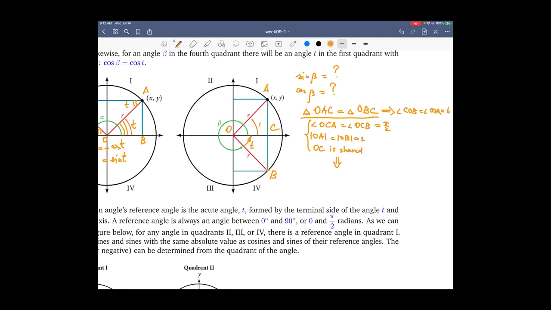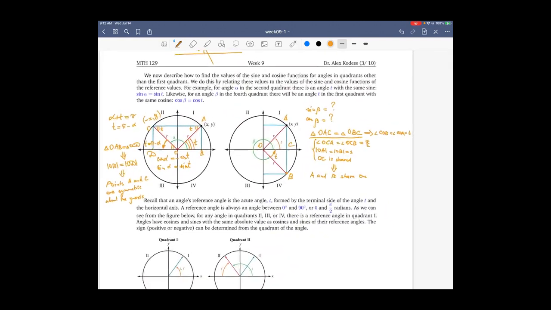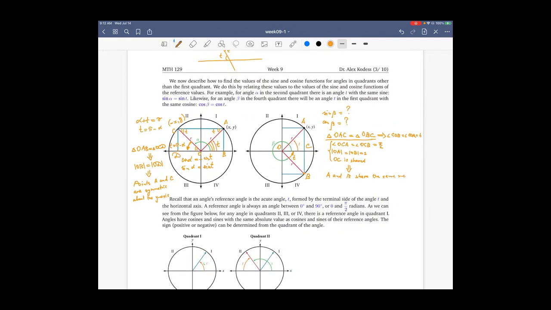A and B share the same x-coordinate, and on top of that, because AC equals CB, that implies that A and B have y-coordinates that have the same absolute value and opposite signs.